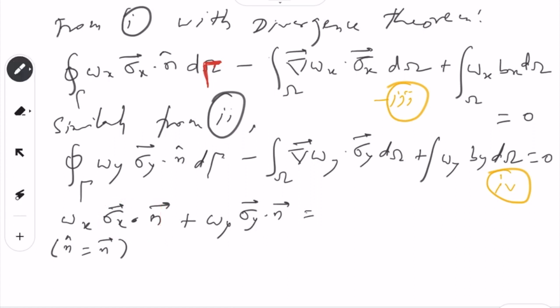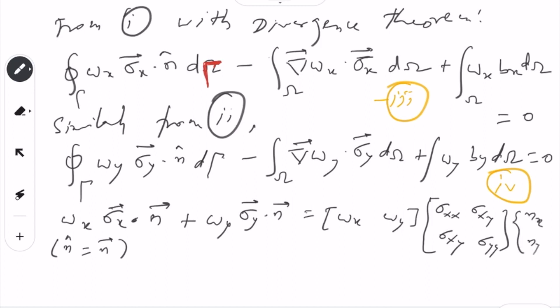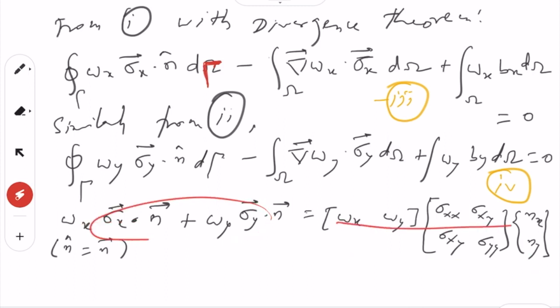So we can write wx wy, and then we have sigma xx sigma xy sigma xy sigma yy, and then we have nx ny. You see here, this one is 1 by 2, this is 2 by 2, this is 2 by 1, hence all a scalar. So the whole thing will be like this.